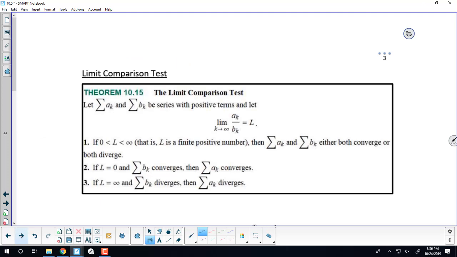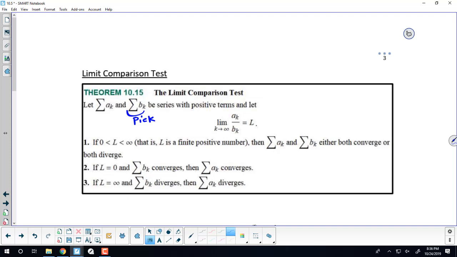The limit comparison test then. Same kind of situation: you're given A, you choose B. This one also hinges on the series that we choose.